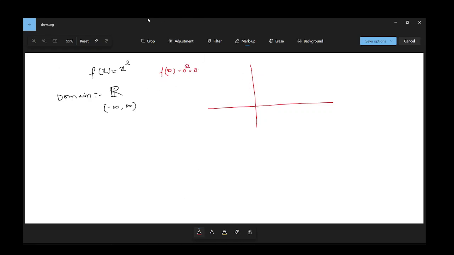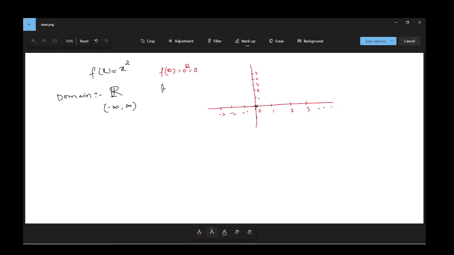On the axes, mark 0, 1, 2, 3 and so on, and minus 1, minus 2, minus 3 and so on. So here f of 0 is 0.